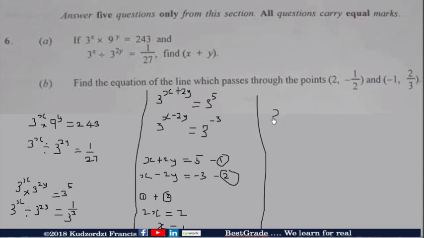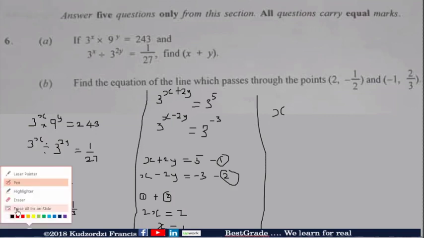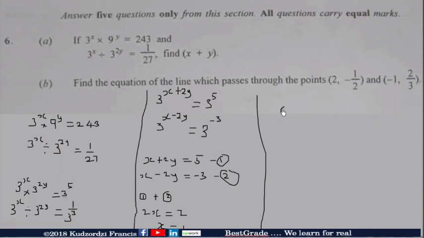So we have x, which is 1. Substitute it. So we have x, which is 1 over here, plus 2y is equal to 5.